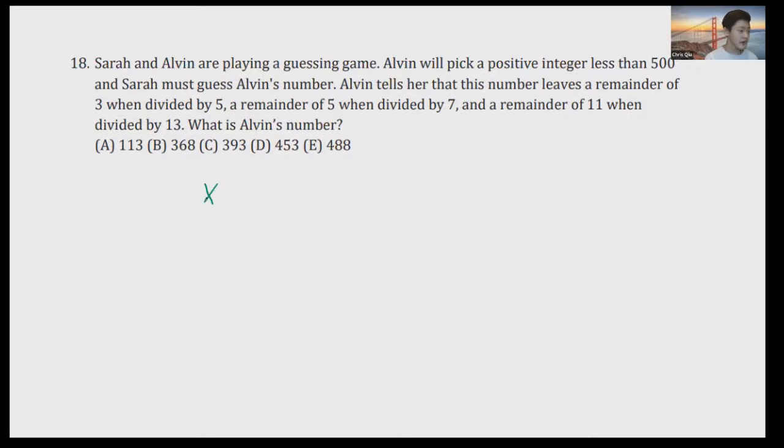So let's say Alvin's number is X. Then, since this number leaves a remainder of 3 when divided by 5, X plus 2 is going to be a multiple of 5. So we know that X plus 2 is going to be divisible by 5.